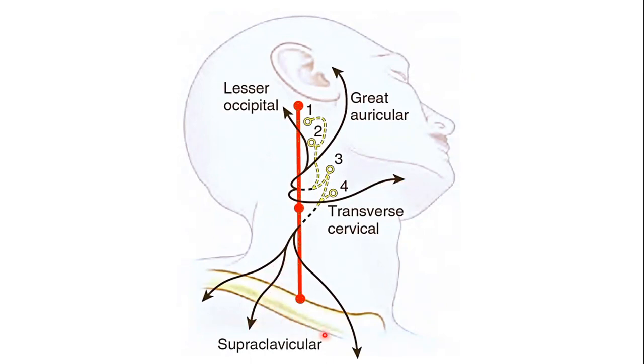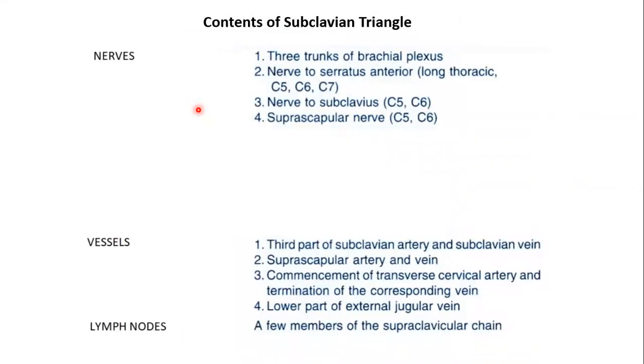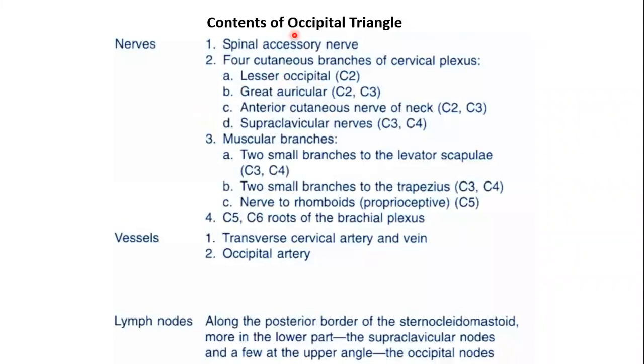These are the three supraclavicular nerves: lateral, medial, and intermediate. So supraclavicular, transverse cervical, great auricular, and lesser occipital nerves are the cutaneous nerves present in relation to the posterior triangle of the neck. Which part? The occipital part of the triangle, the occipital triangle.